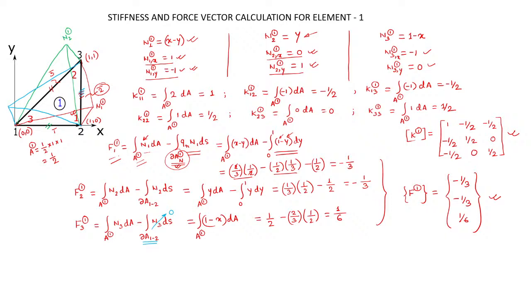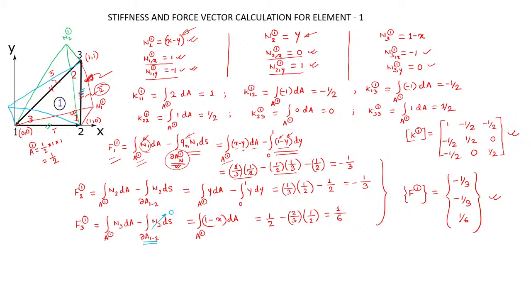When we substituted N1 here as 1 minus x minus y, q1 was 1 in our case, so the second integral becomes 1 minus y integrated from 0 to 1, because we are integrating over only this local edge 1 2, along which y varies from 0 to 1.